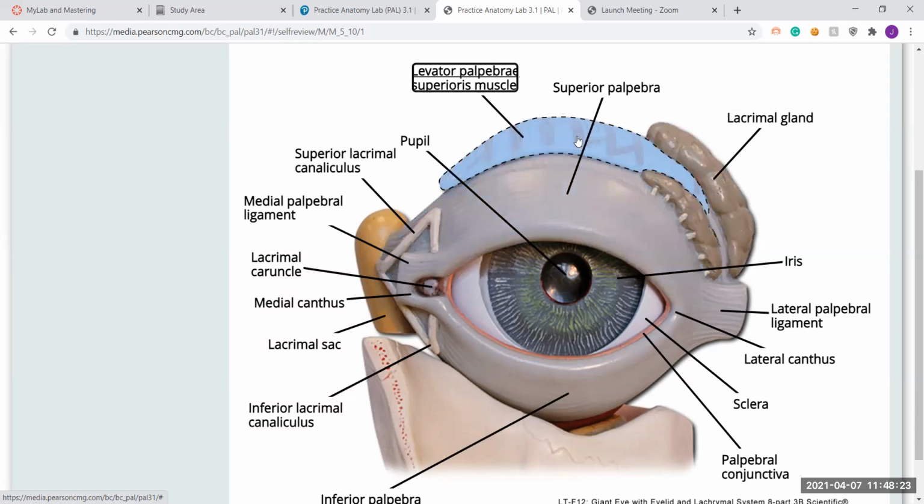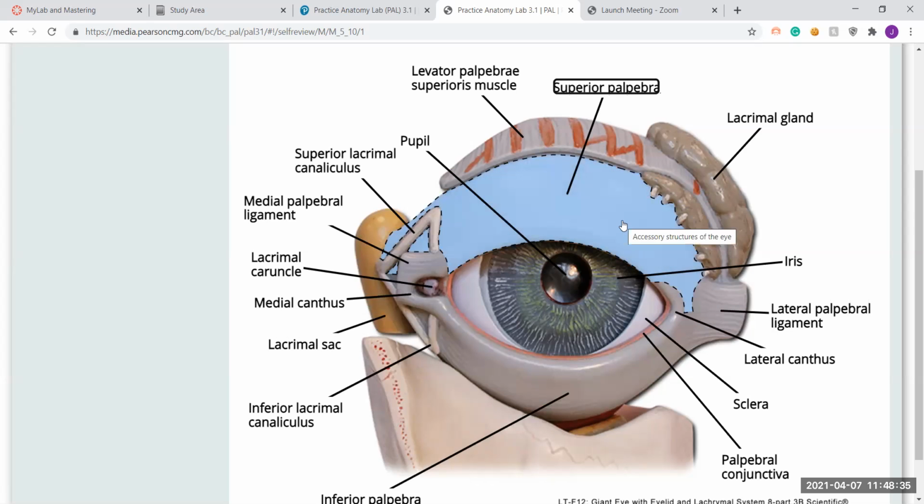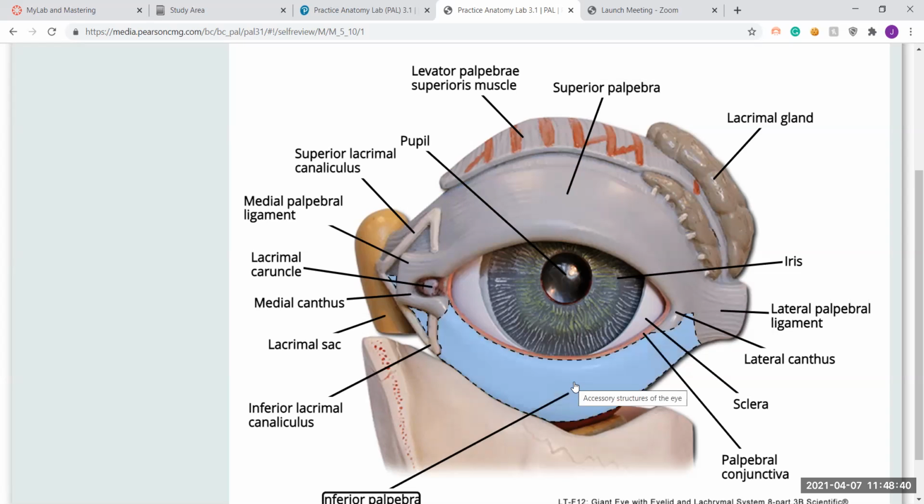And then there are some muscles. Here is the lacrimal sac, the medial area. This is the superior palpebra, which is the superior eyelid, and the inferior eyelid.